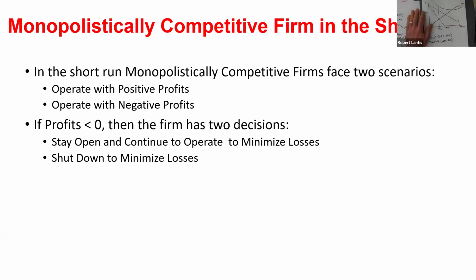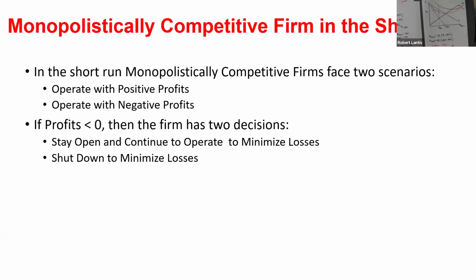So I'll do an example where my average variable cost looks something like this, okay? So before I even draw anything else in here, should I stay open or shut down? My price is above average variable costs, so I should stay open, right?